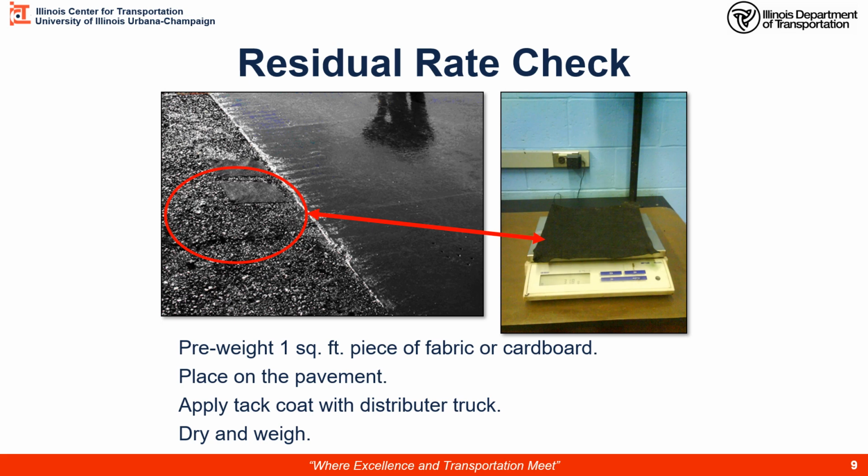It's been supplied in a kit so you can apply it to the road, put it back in a bag or a pizza box, and it will go back to the district lab, get the post application weight on it, and a rate determined. So these are available. Talk to your district materials engineers if you have the need to do this.